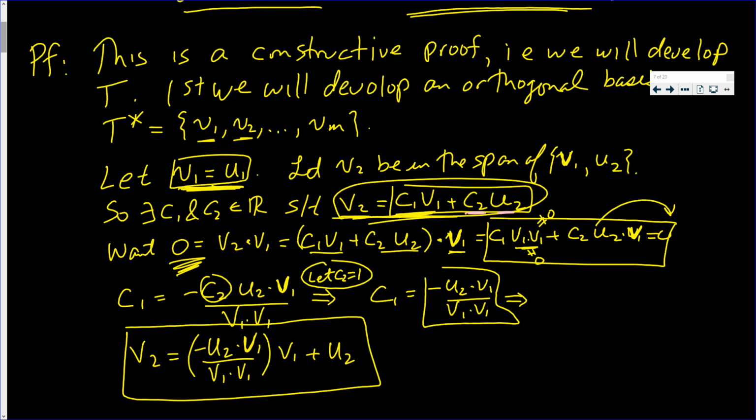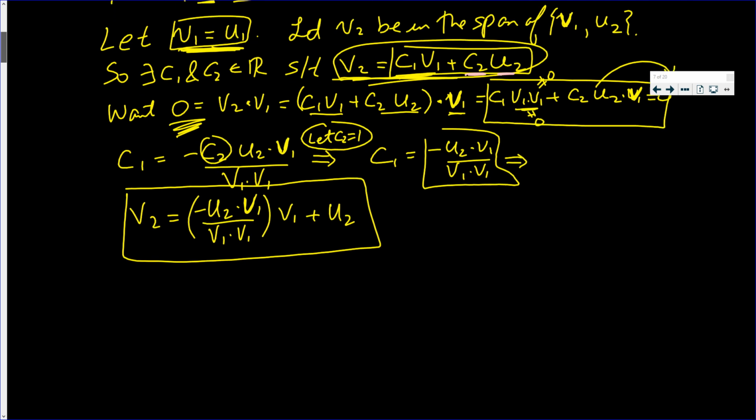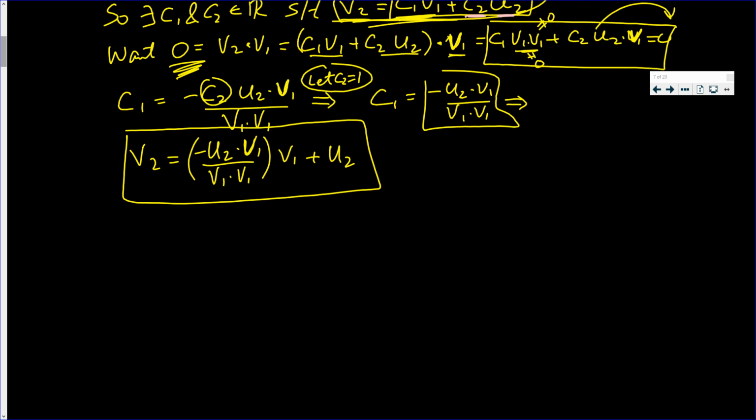Now, let's see if this is actually working. You don't have to check this, but let's see if V2 dot V1 is really 0. Maybe we messed up.